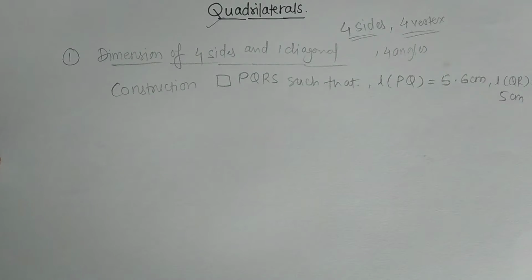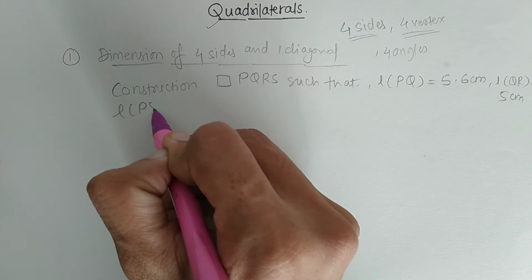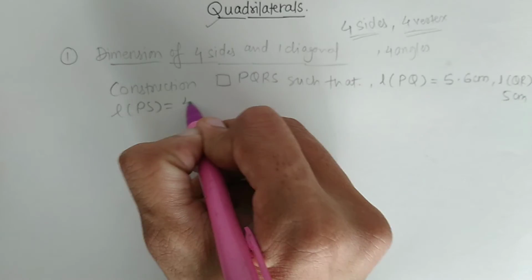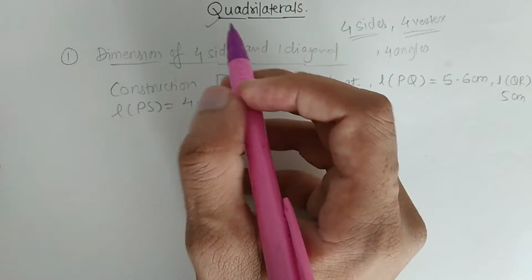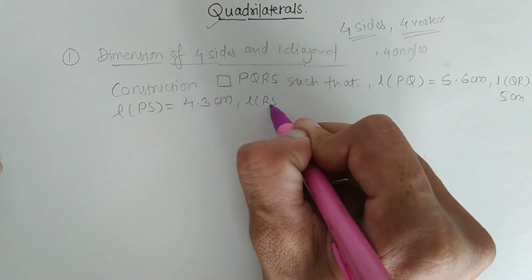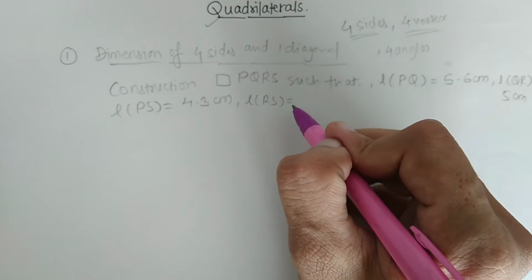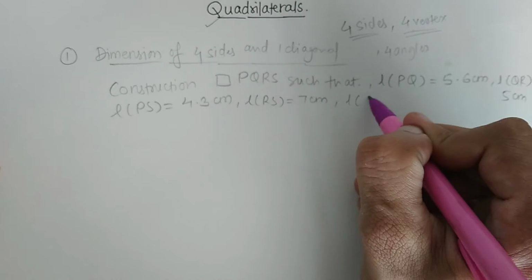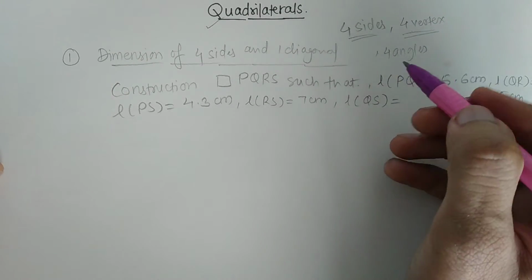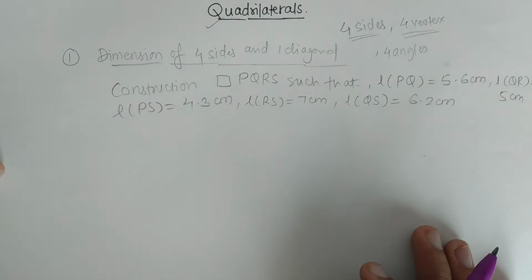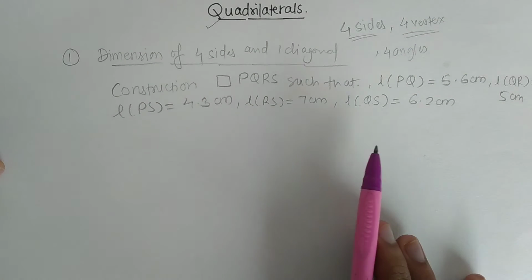Then the length of PS is 4.3 centimeter. Then the length of RS is 7 centimeter. And the length of QS is 6.2 centimeter. So the dimensions are given here.